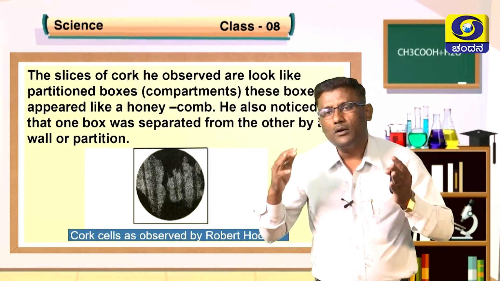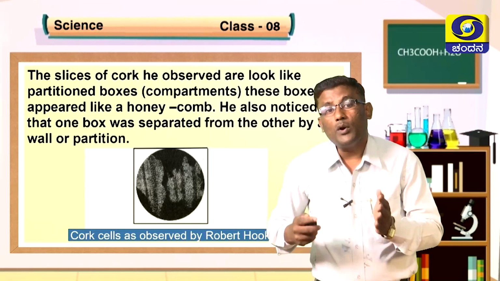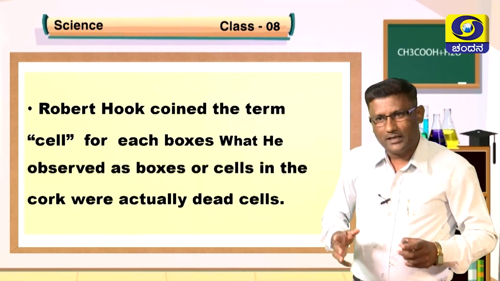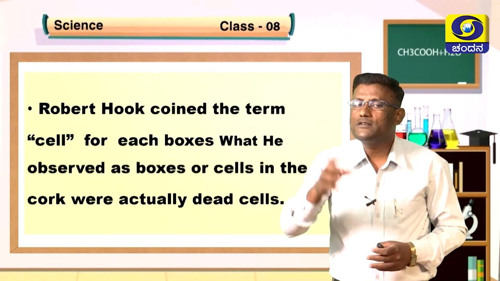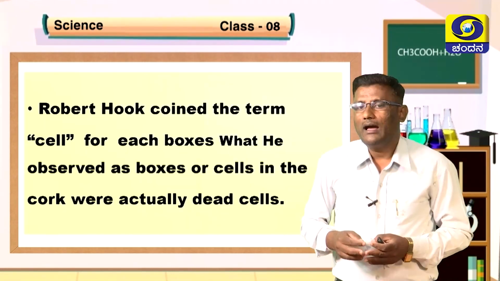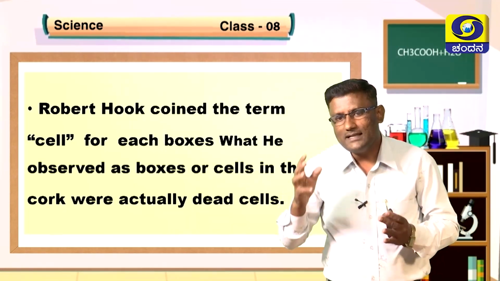That is why he considered them partitioned boxes. Robert Hooke coined the term cell for each of the boxes he observed.